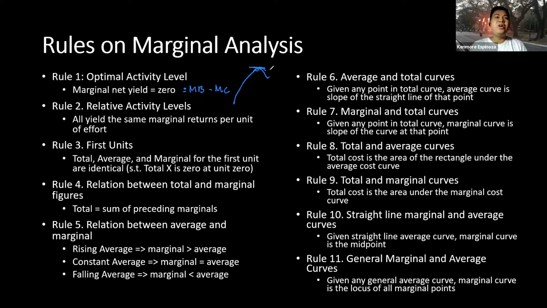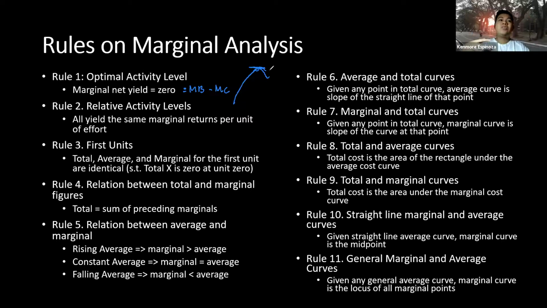Now, rule number 2 tells us if you have choices. Let's say, for example, instead of just consuming apples, you now have oranges. How many apples or how many oranges would you consume? Or if you are a producer, how many apples or oranges would you like to plant?